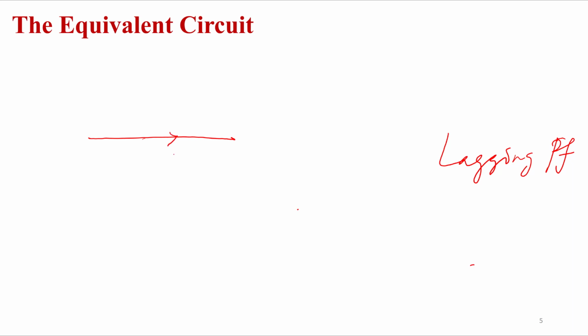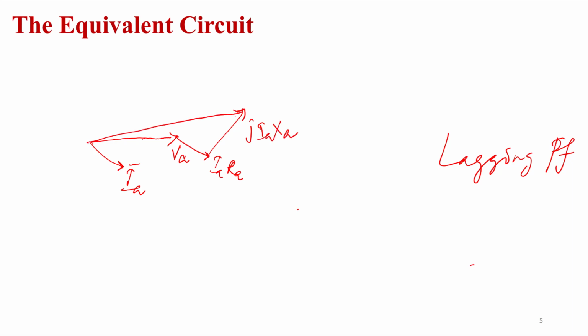If the terminal voltage is here, VA, the current will lag by some angle, right? Now in phase with the current we will have IARA. Already you have done this in the transformer, many times you might have done. And this will be your J IA XA, right? And this will be your EA.